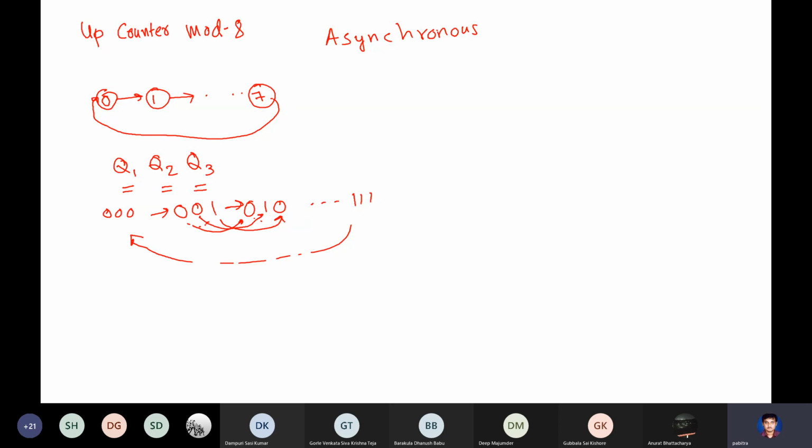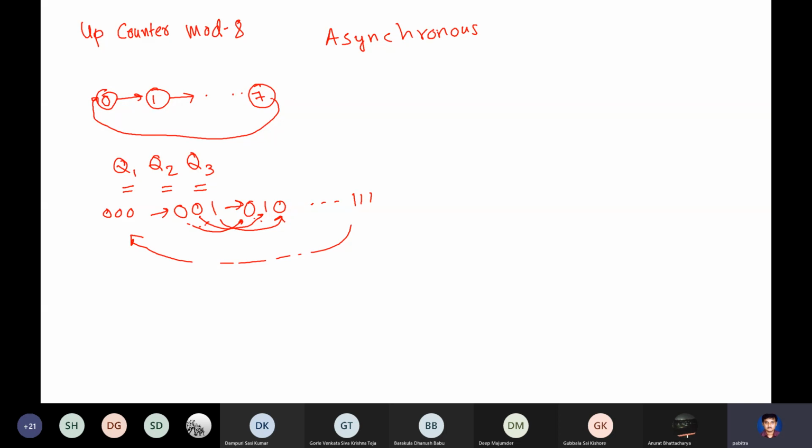In the asynchronous counter, all these 3 changes, or k changes if you have k bits, need not occur in the same clock cycle, the same clock edge. The first bit, the least significant bit, may change in one clock cycle, the next least significant bit may change in the next cycle, and so on. All these 3 changes need not happen in the same clock cycle. Maybe just one bit changes and then another bit changes.